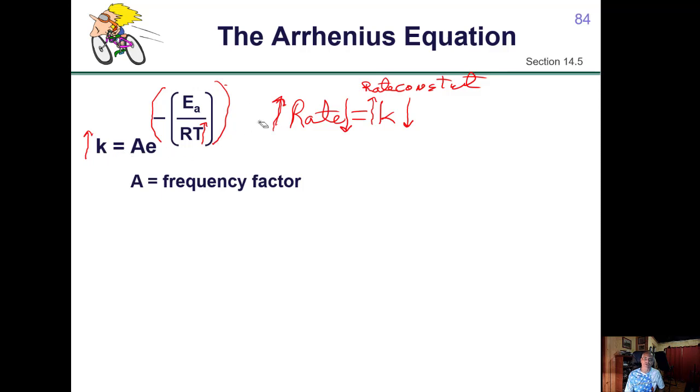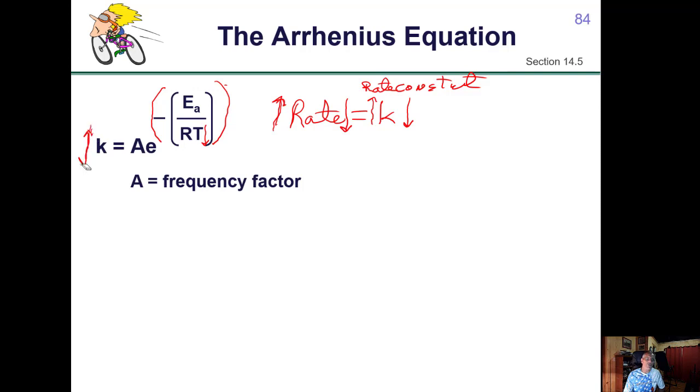So if you're asked why changing the temperature of your reaction changes the rate of the reaction, it's because it changes the rate constant. If, on the other hand, we go in the other direction and make the temperature lower, what's going to happen is exactly the opposite.